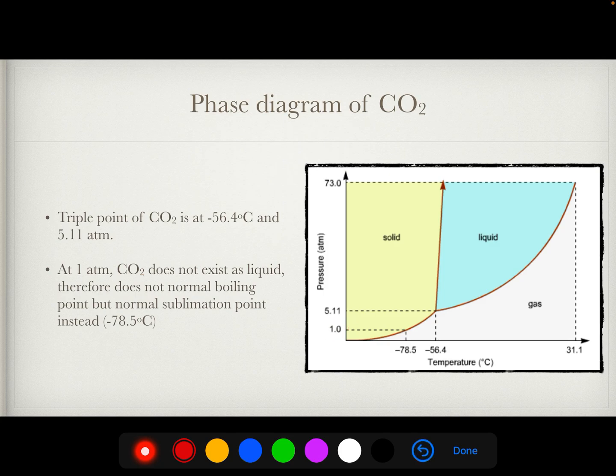So at 1 atm, carbon dioxide does not exist as liquid. Therefore, carbon dioxide does not have a normal boiling point, as we have learned earlier, normal boiling point is the boiling point at 1 atm pressure. But instead, carbon dioxide has a normal sublimation point, sublimation because it changes directly from solid to gas or vapor.